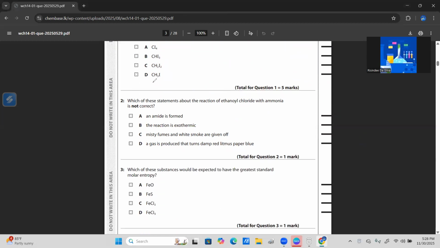Which of these statements about the reaction of ethanoyl chloride and ammonia is not correct? So first I write the products. Ethanoyl chloride has a structure like that, with ammonia, right? You can get ethanamide and HCl.